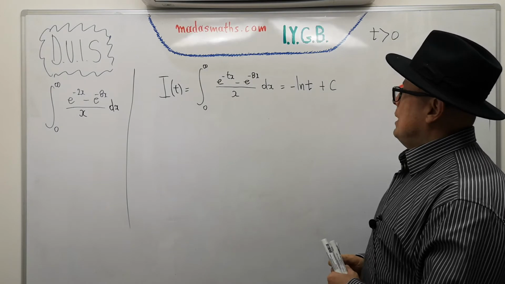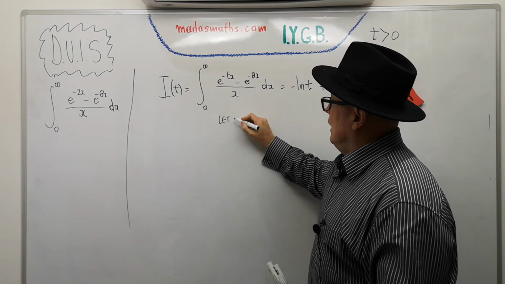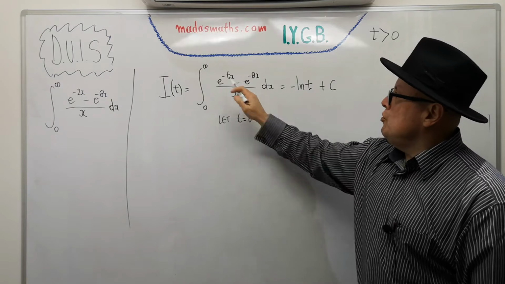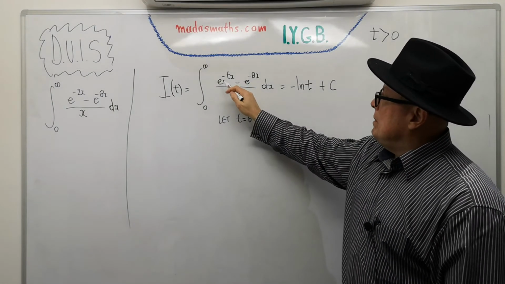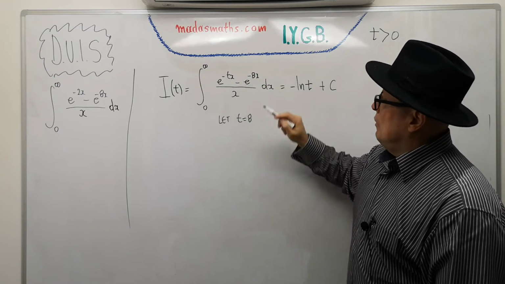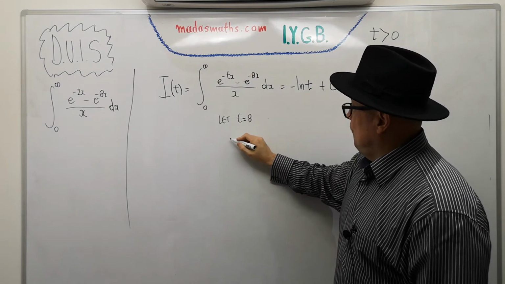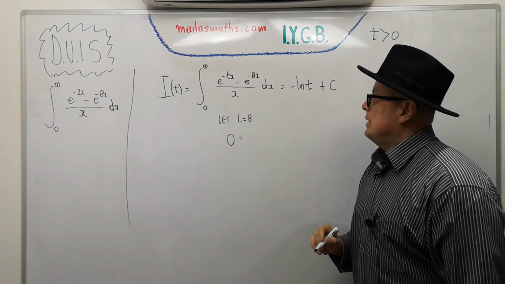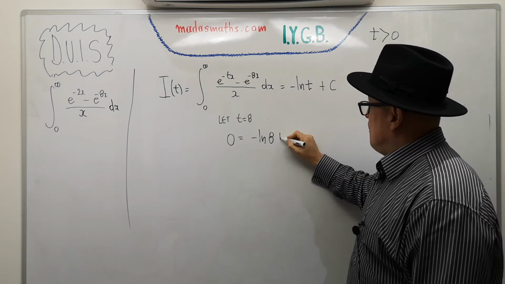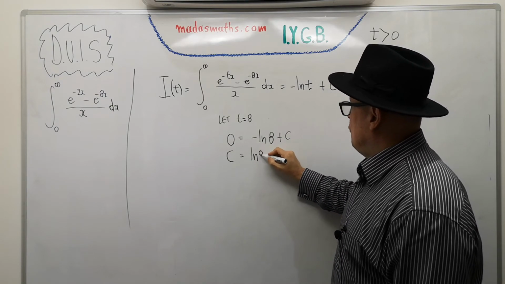So the only suitable number is to let t equal 8, because if you look at the numerator of the integrand, it's going to be e to the minus 8x minus e to the minus 8x, so this in fact will be 0, and the integral will become essentially 0. This is equal to minus the log of 8 plus c, so my constant of integration is in fact the log of 8.